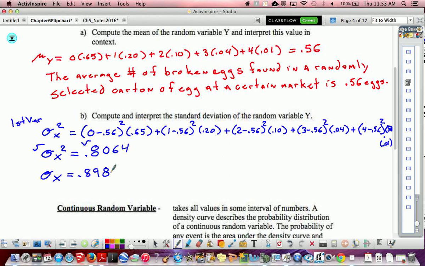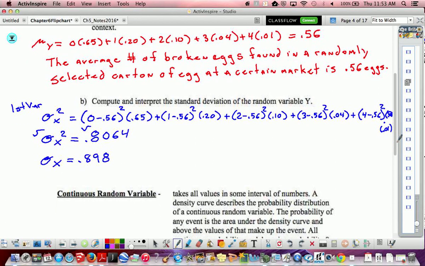So what does that value actually represent?